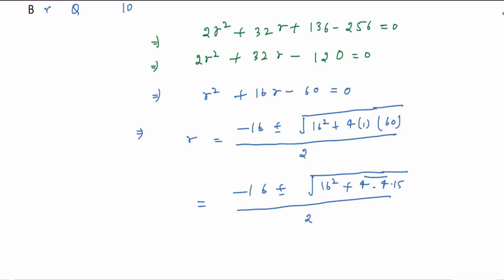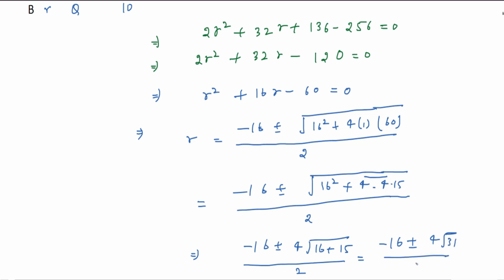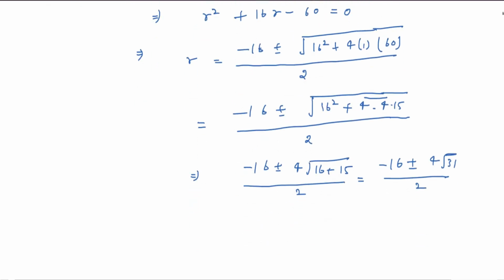So if we take 16 common from this square root, we will have negative 16 plus minus, and if we take common 16 from square root, it will become 4. So it can be written as 4 square root of, and 16 square will become 16, and 15 will remain here, and this is divided by 2. So further it can be written as negative 16 plus minus 4 times square root of 31 whole divided by 2.